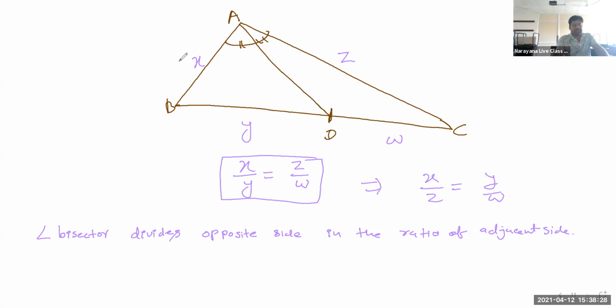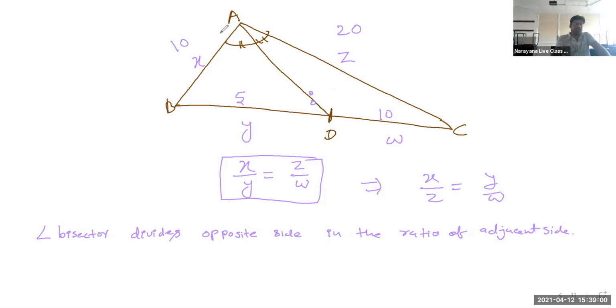So if AB is 10 units and AC is 20 units, so Z is double of X, then W will also be double of Y. Let's take Y as 5 units, then W will be 10 units, double.